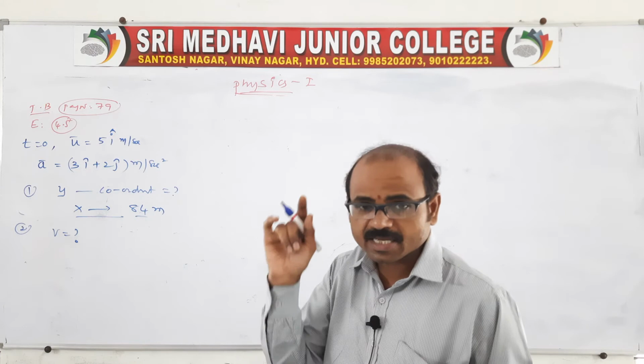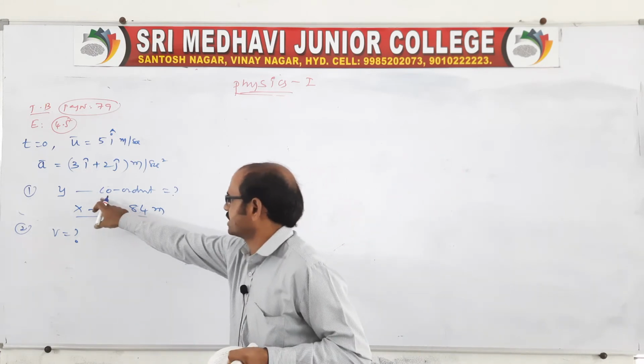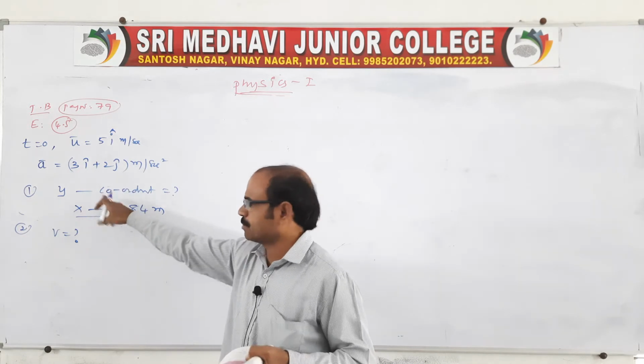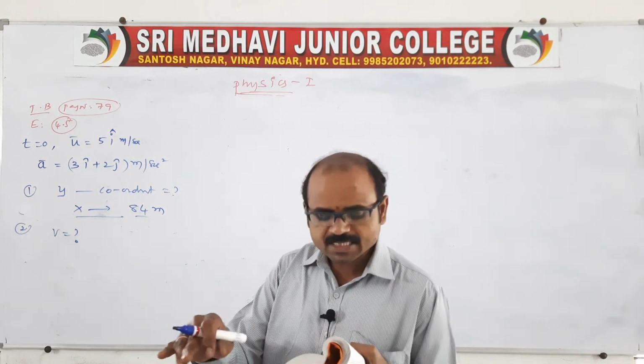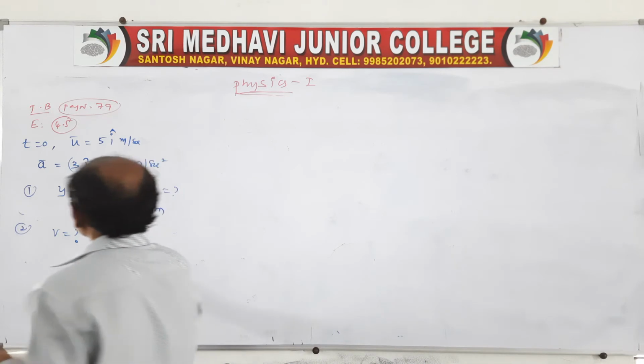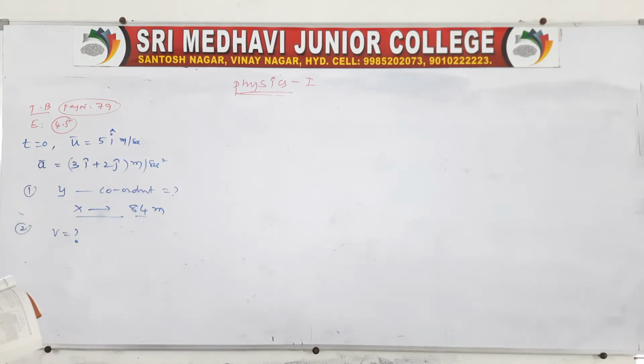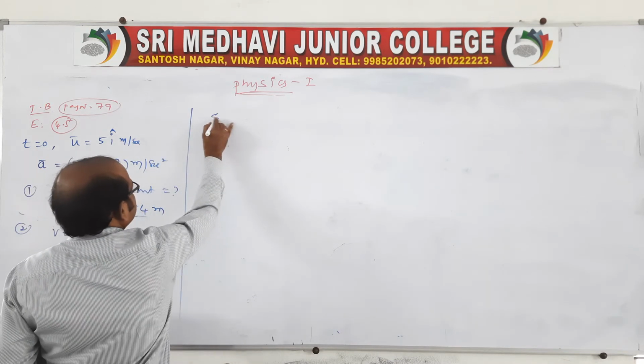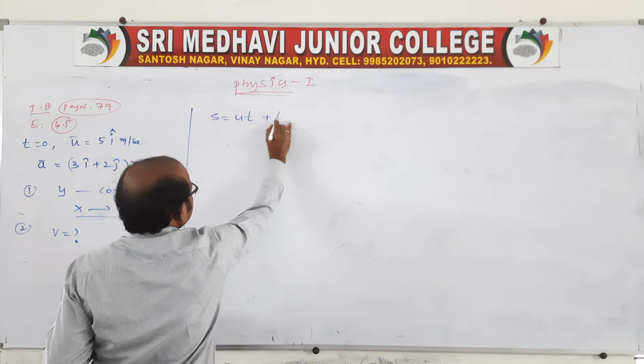The x is already given, but y is asked, and also we have to find the speed of the particle. So use this information to find this. We know the equation of motion, s is equal to ut plus half at square.